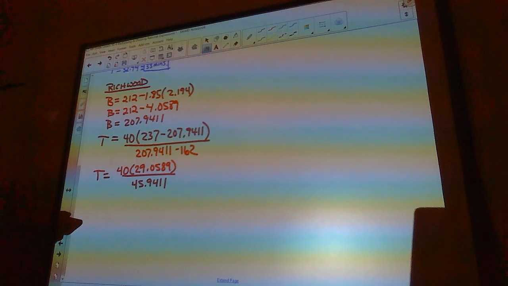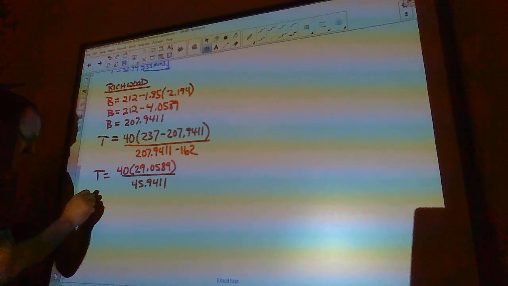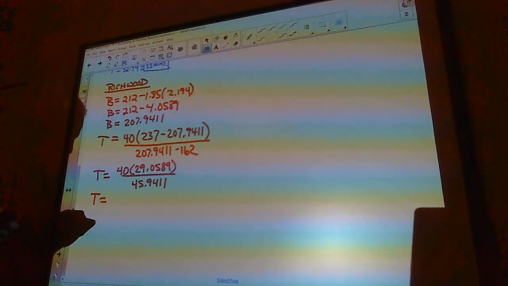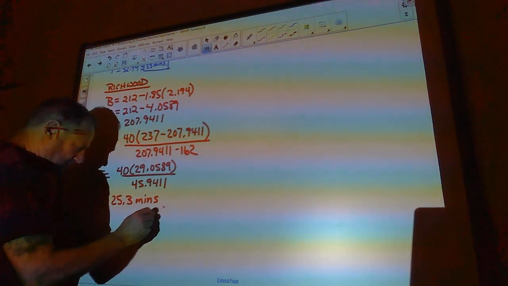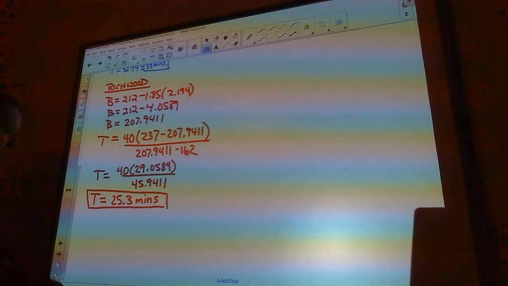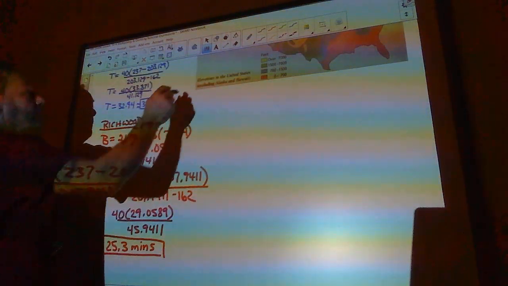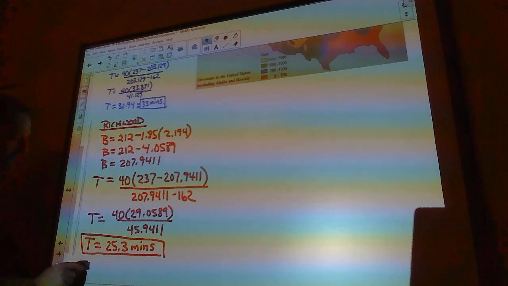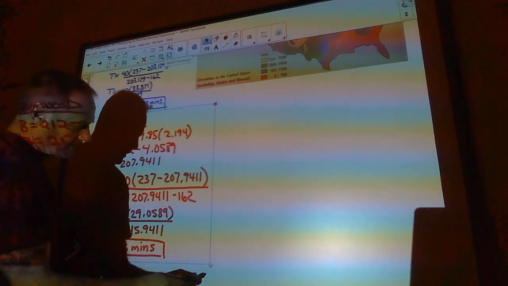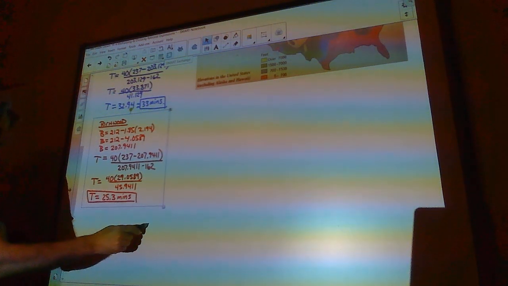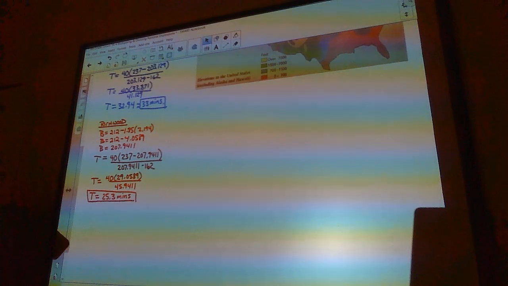So 40 times 29.0589. Okay, this is going to come out to be 25.3 minutes. Okay, so it takes less time in Richwood than it did in Bozeman. You could really mess with the guys on Iron Chef if you were cooking at altitude.